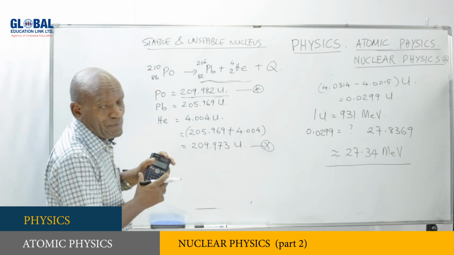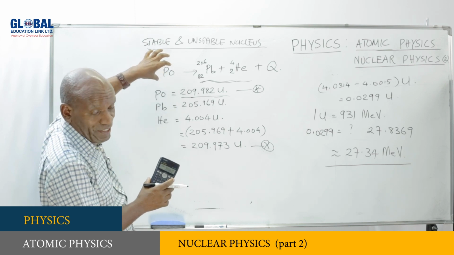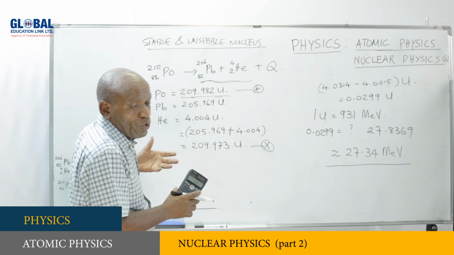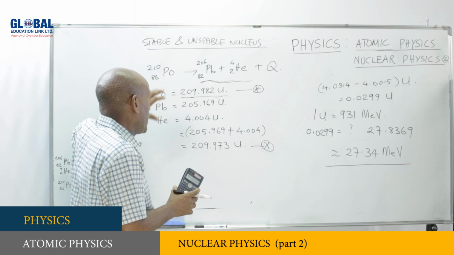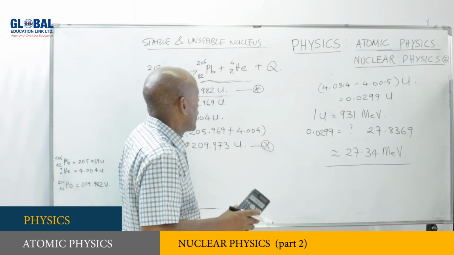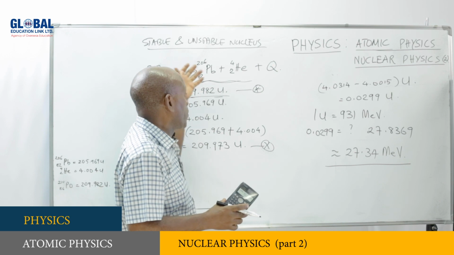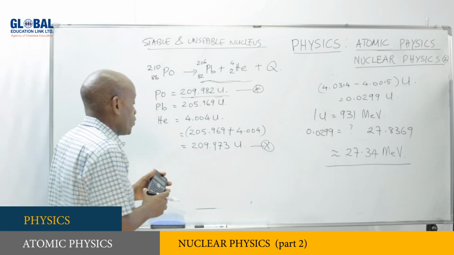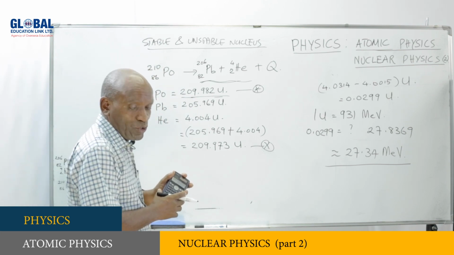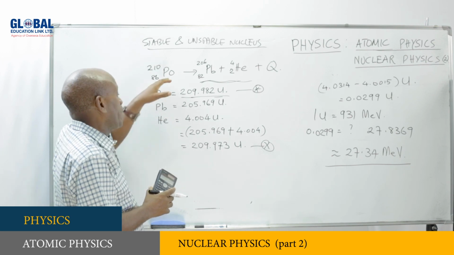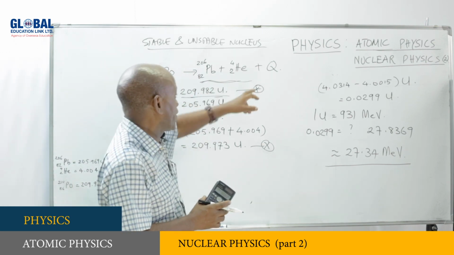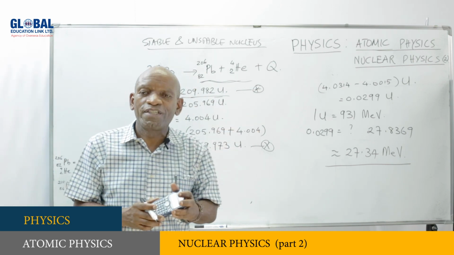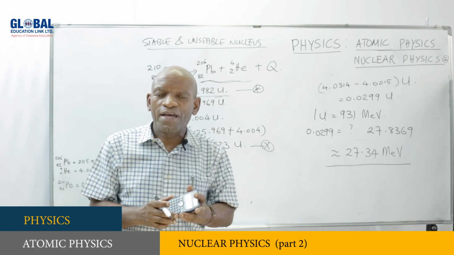If the mother nucleus is stable, it means that the energy, for the second case, is the energy which has to be supplied to make that particular nucleus release the products in that equation. So that will be the case for a stable nucleus. For this example, polonium is unstable, and that's why there is an energy Q released in that equation, which can be calculated, and we can obtain it in terms of mega electron volts.